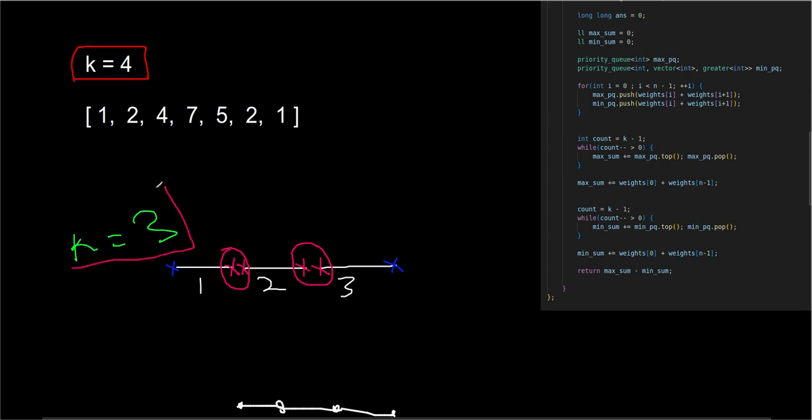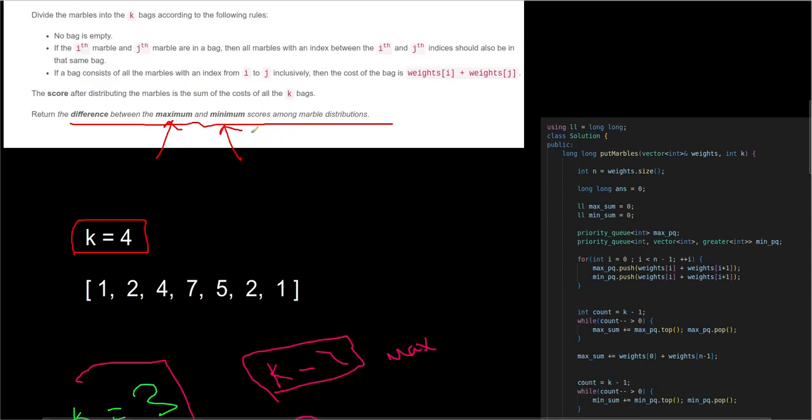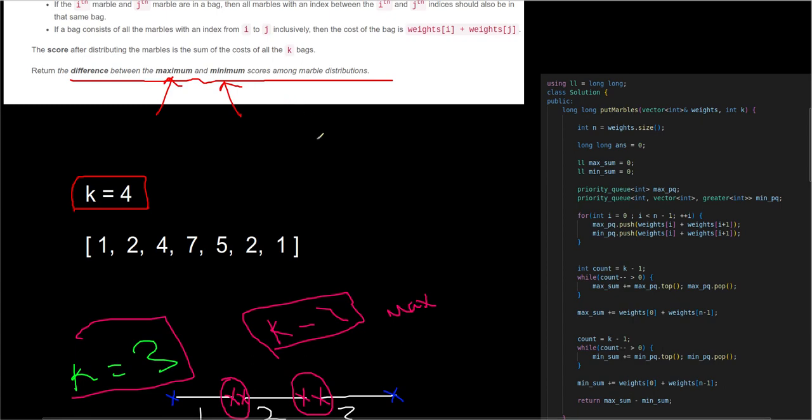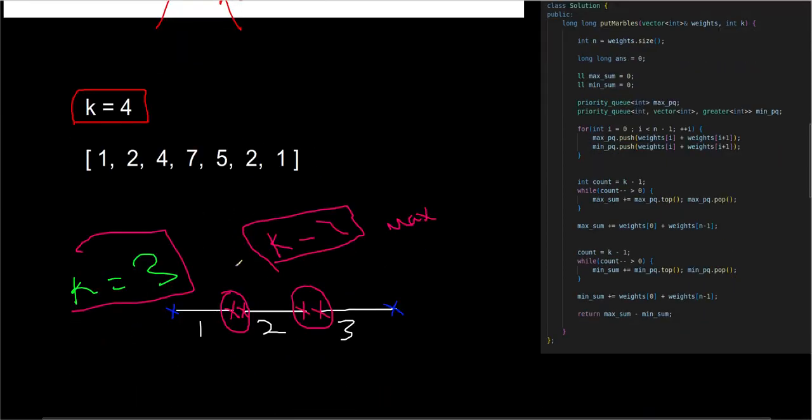So we need to find k minus 1 neighbors with the maximum sum for the maximum score, and the minimum summation for the minimum score.